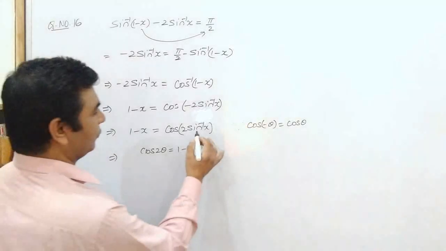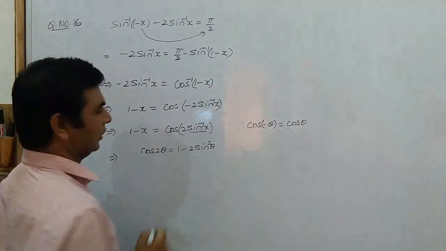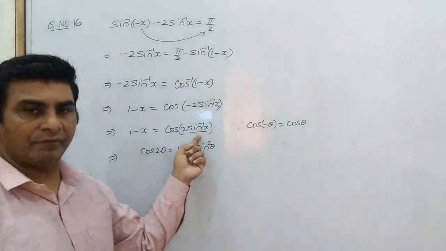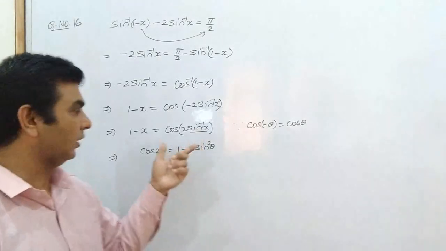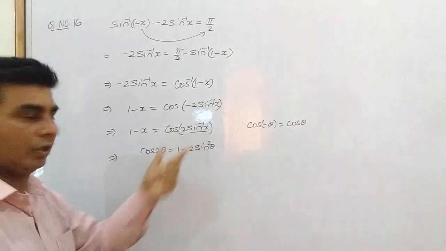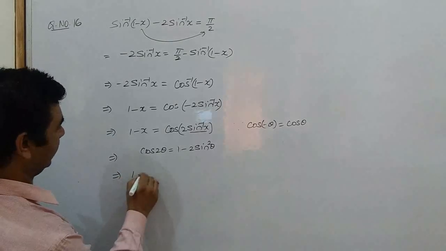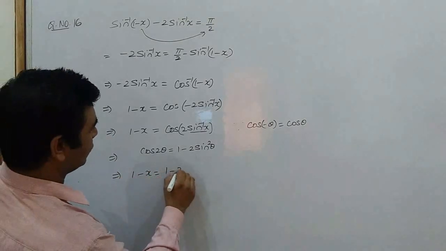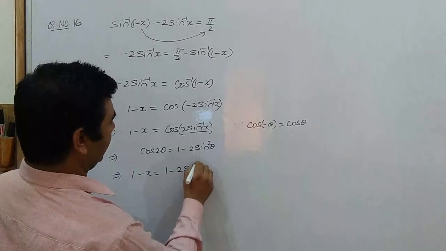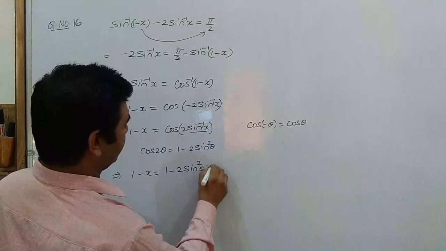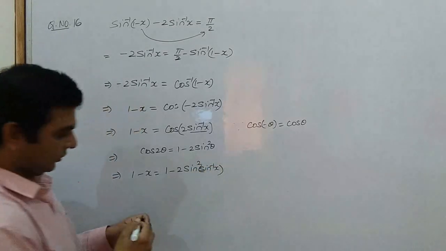So in place of theta, we are given with sin inverse x, so then this relation will be equal to 1 minus x equal to 1 minus 2 sin square sin inverse x, like this.